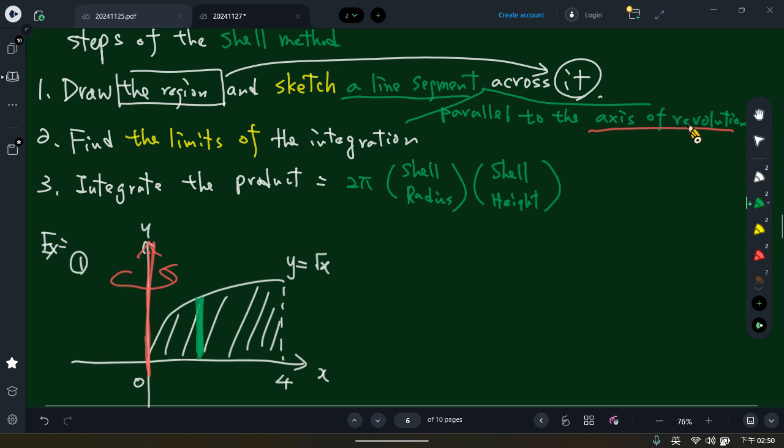If this way, it will follow the disk method or washer method. But this time we use shear method. So the line segment should be parallel to the axis of rotation.